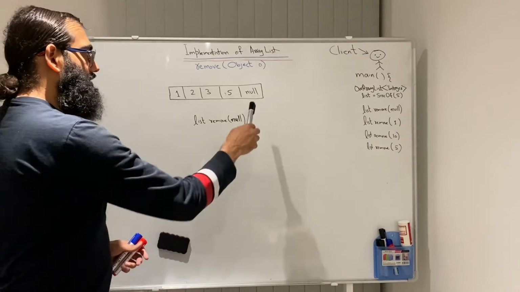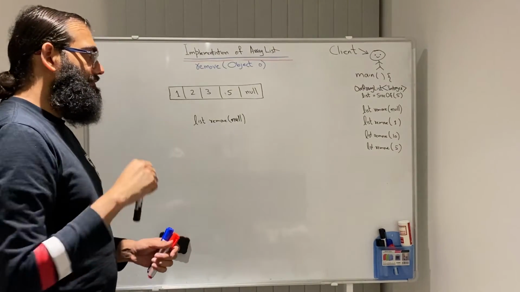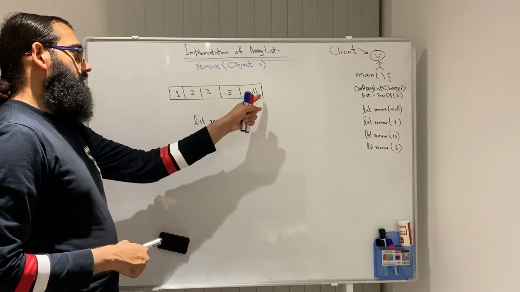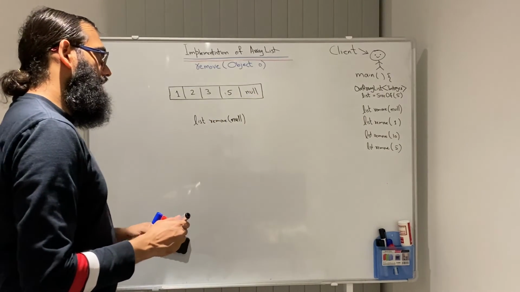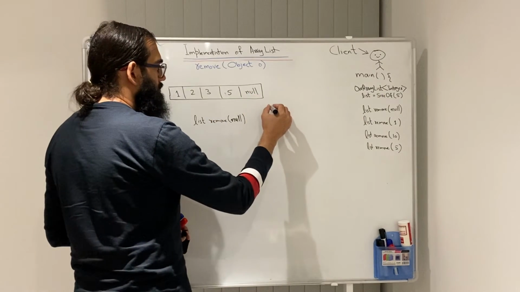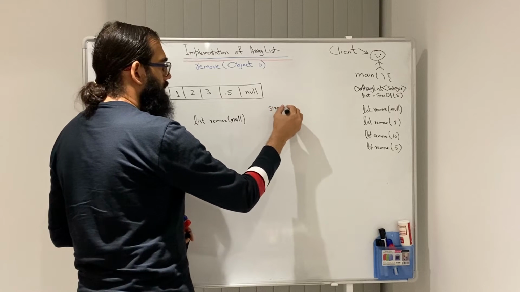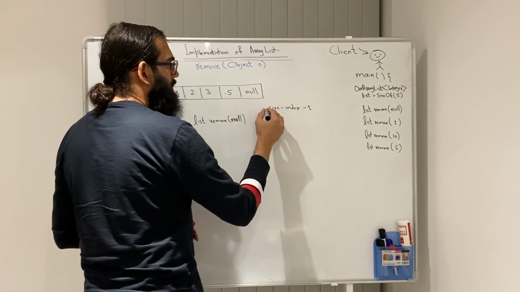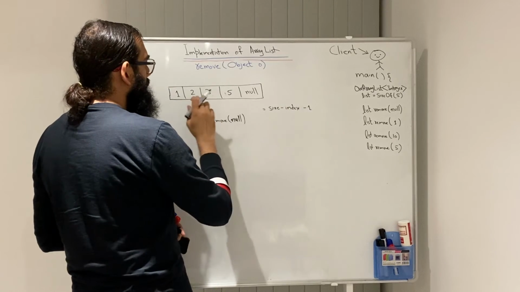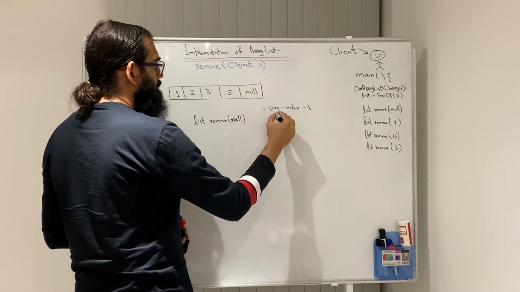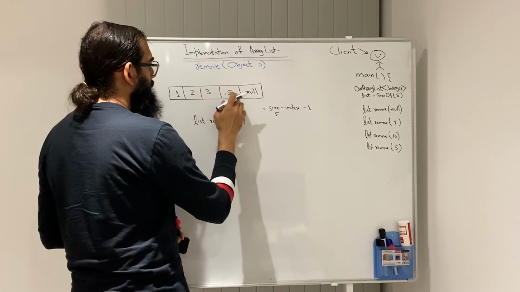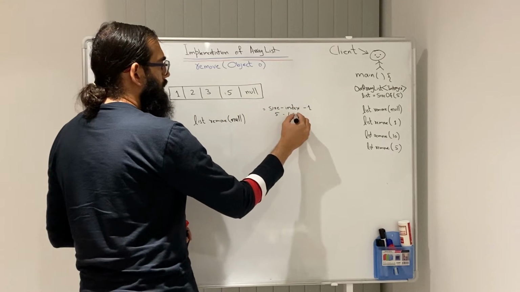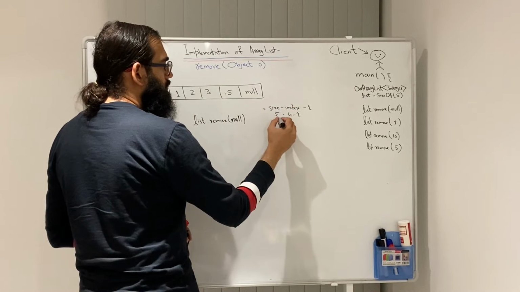We will find this null at the beginning, and in this case we have again our same size minus index minus 1, which will give us the move count. So it's basically 5 minus 0, 1, 2, 3, 4 minus 1, which is equal to 0.